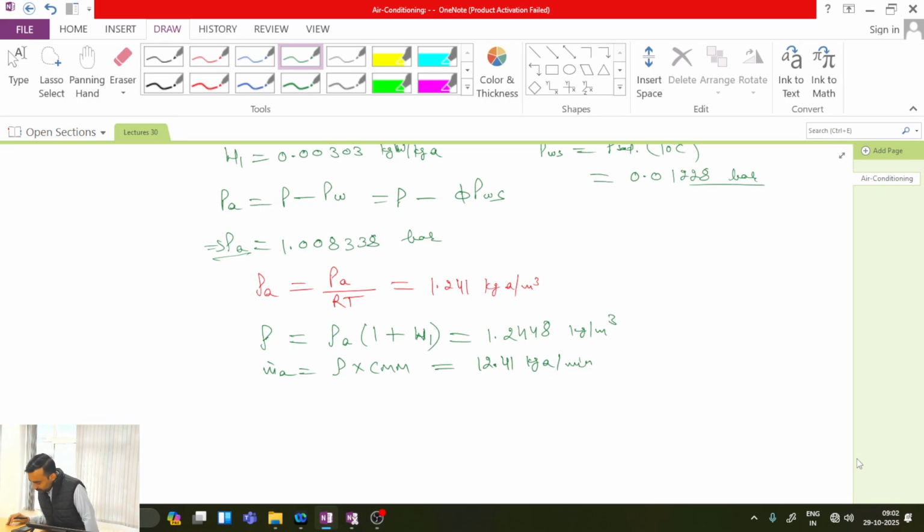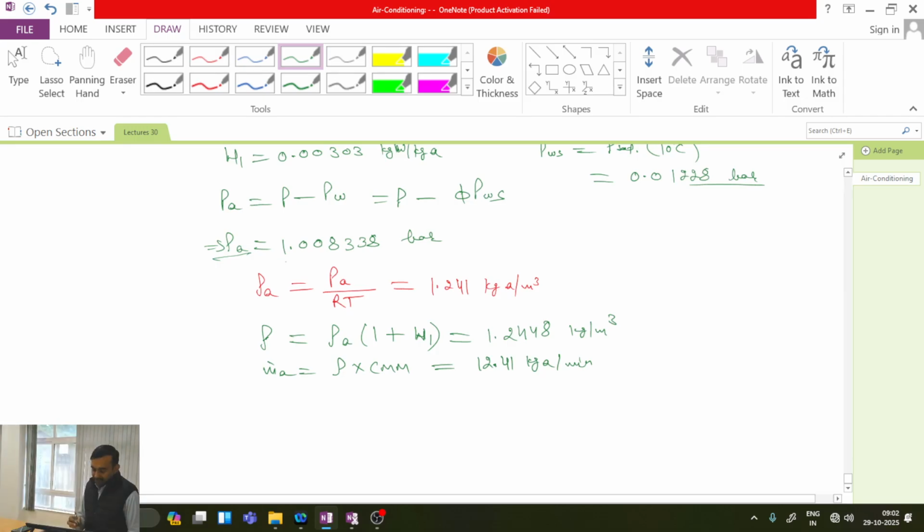If you know the actual mass flow rate, you can also calculate enthalpy. What will be enthalpy? How much will be enthalpy? 1.005 T1 plus W1 into 2500 plus 1.88 T1.